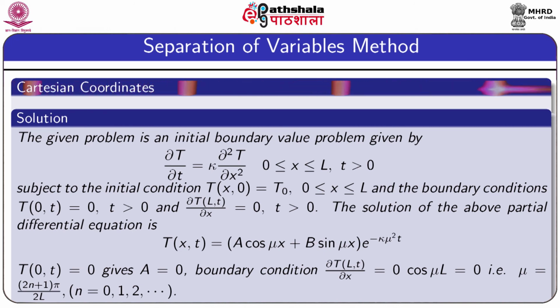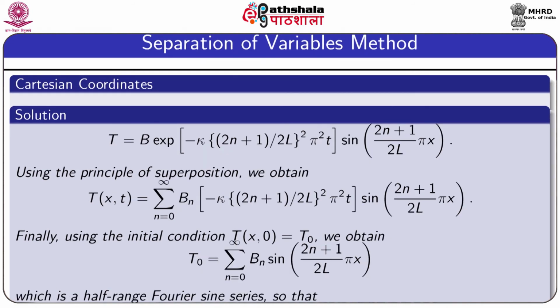Thus, substituting the value of mu in the general expression, we get capital T is equal to B exponential of minus kappa (2n plus 1) pi by 2L whole square t into sine of (2n plus 1) pi x by 2L.